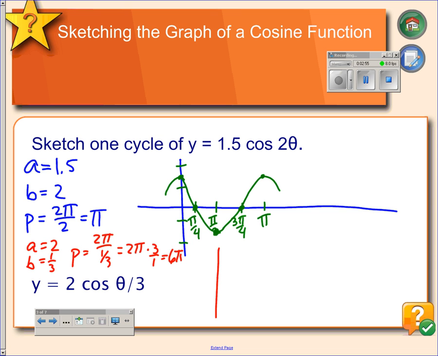So for graphing this function, the amplitude is 2. And our 5 number summary, or our 5 important points, include going all the way out to 6 pi here at the end.